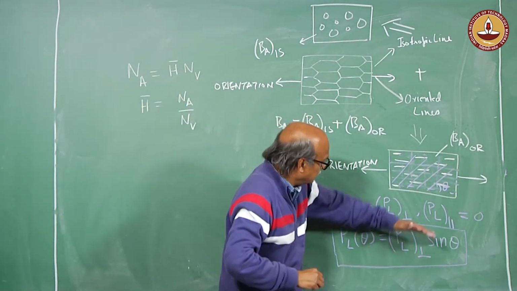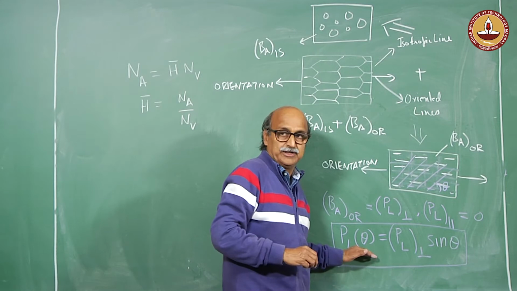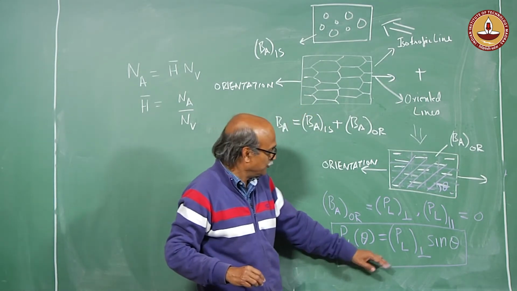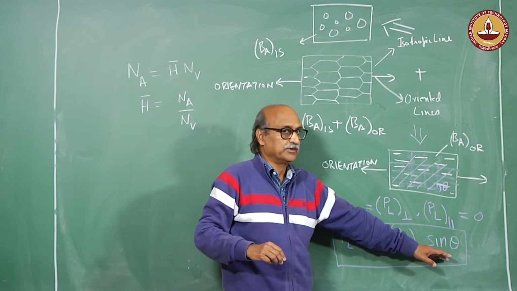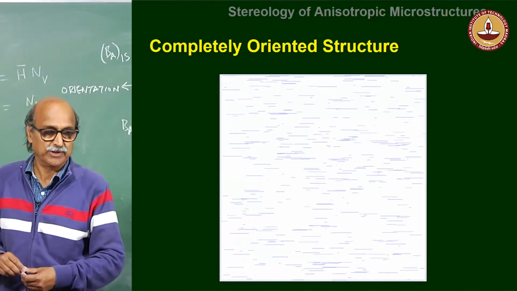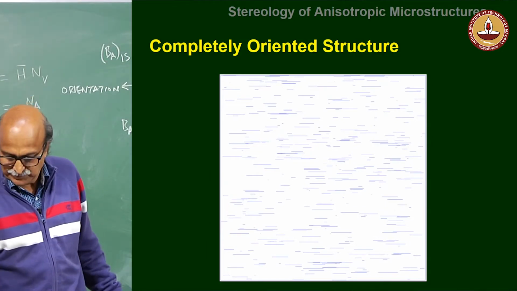And as I vary theta, this number of intersection counts per unit length will vary from 0 at theta equal to 0 to PL perpendicular at theta equals pi by 2. So, this is what we do.